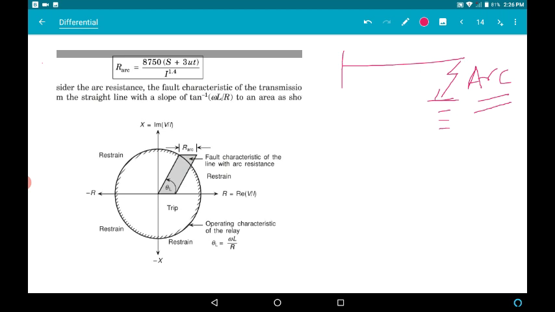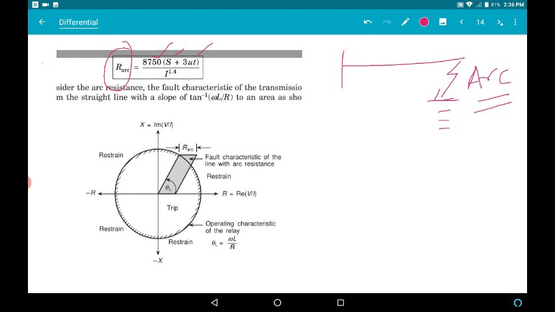So this also has to be considered, and by empirical formula, the arc resistance R arc is given by 8750 times (S plus 3UT) divided by I raised to 1.4. Now S, U, T, etc. are parameters related to the velocity, the time for which the arc is there, and the current in the fault. These are all empirical values, but generally arc resistance will be given to you, right?